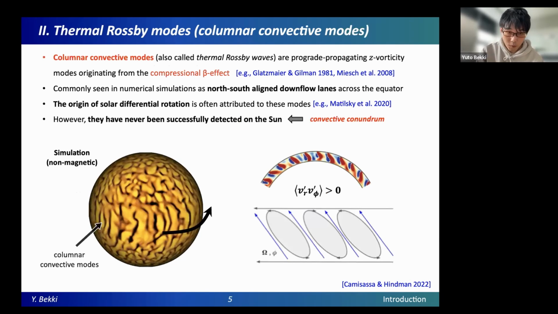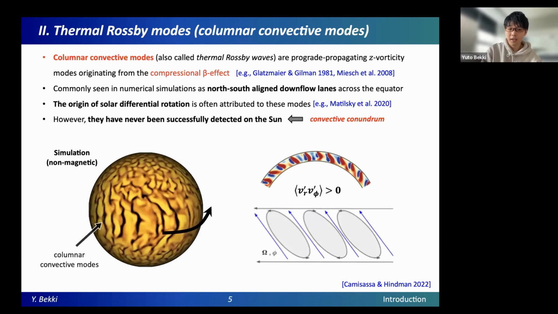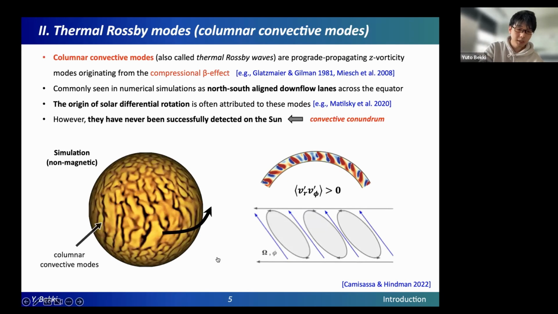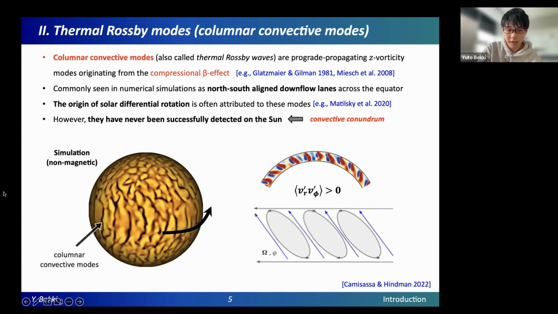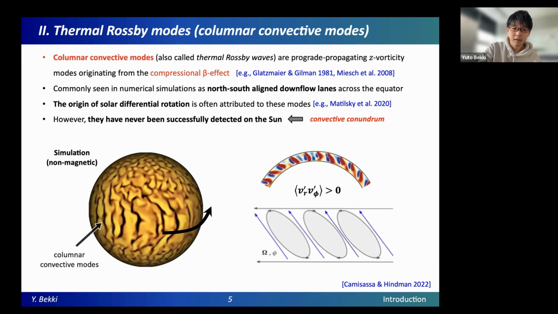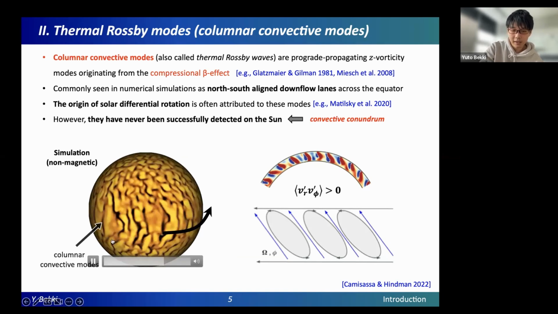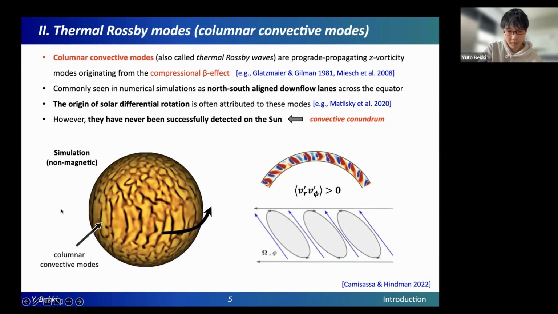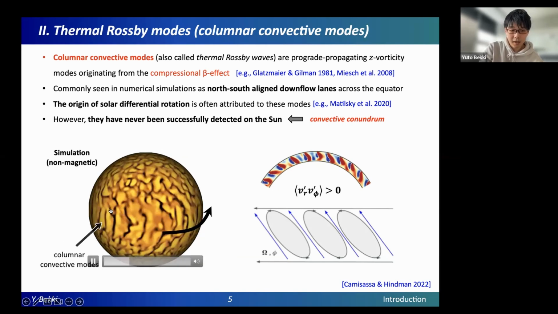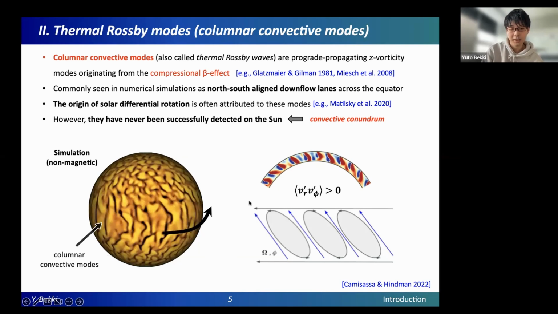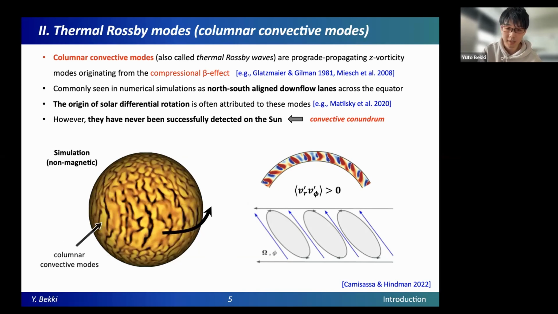The thermal Rossby modes are very well-known phenomena in numerical models. Here I show an example of numerical calculations, where they are seen as north-south aligned lanes of downflow across the equator, propagating in a prograde direction faster than the local differential rotation speed.